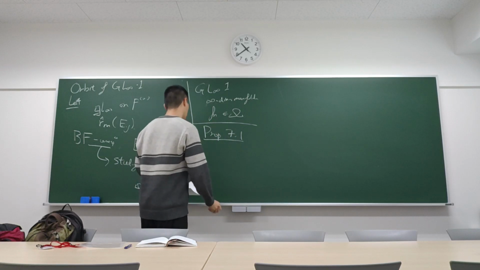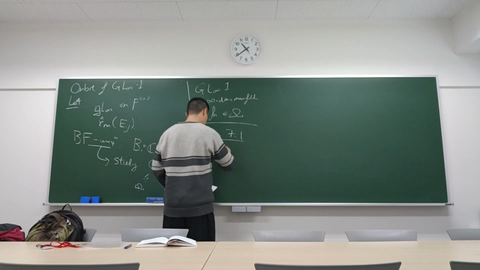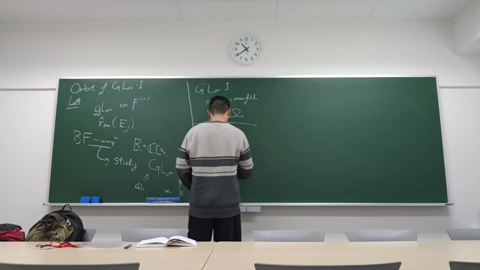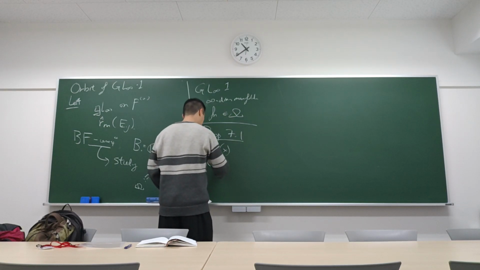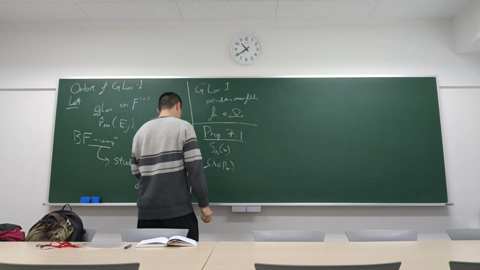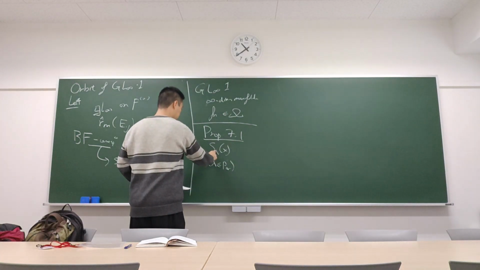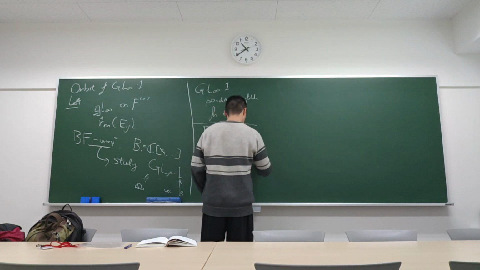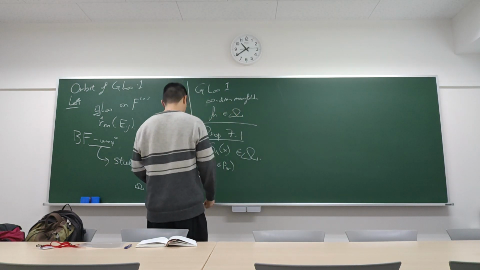So recall, we talked about the Schur functions previously. It turns out that S lambda, where lambda is an element of the set of partitions, so lambda here is a partition, they are contained in this orbit.